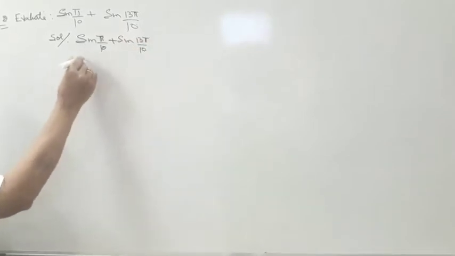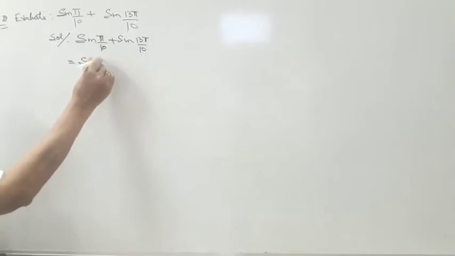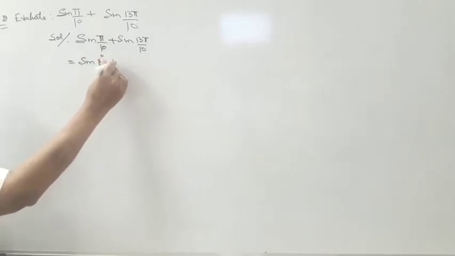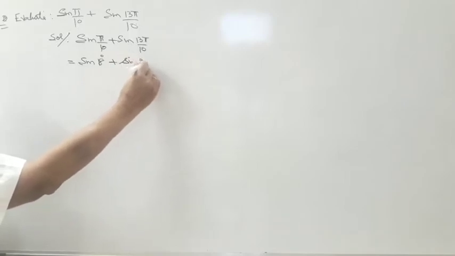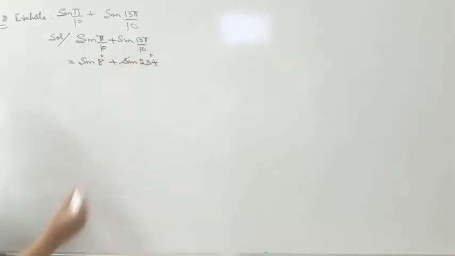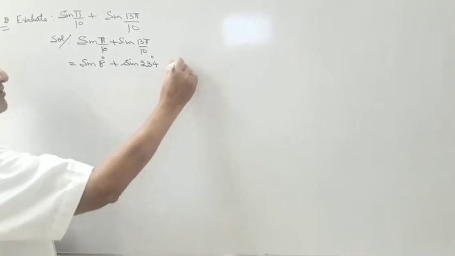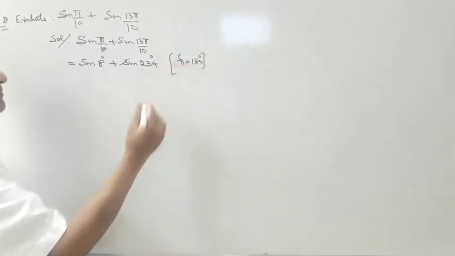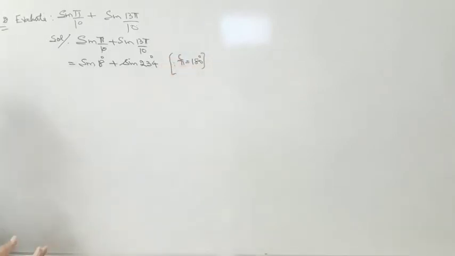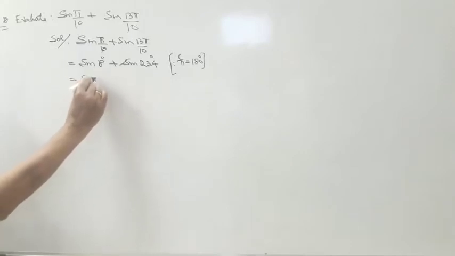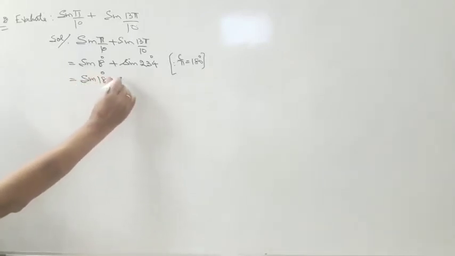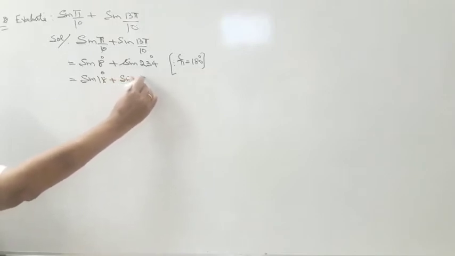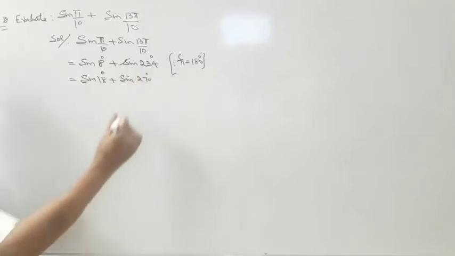This becomes sine of 18 degrees plus sine of 234 degrees, because pi radians I can take equal to 180 degrees. Sometimes we take this in terms of degrees, otherwise in 90% of cases we continue in terms of radians. So it is sine 18 degrees as it is plus sine of 270 degrees minus 36 degrees.